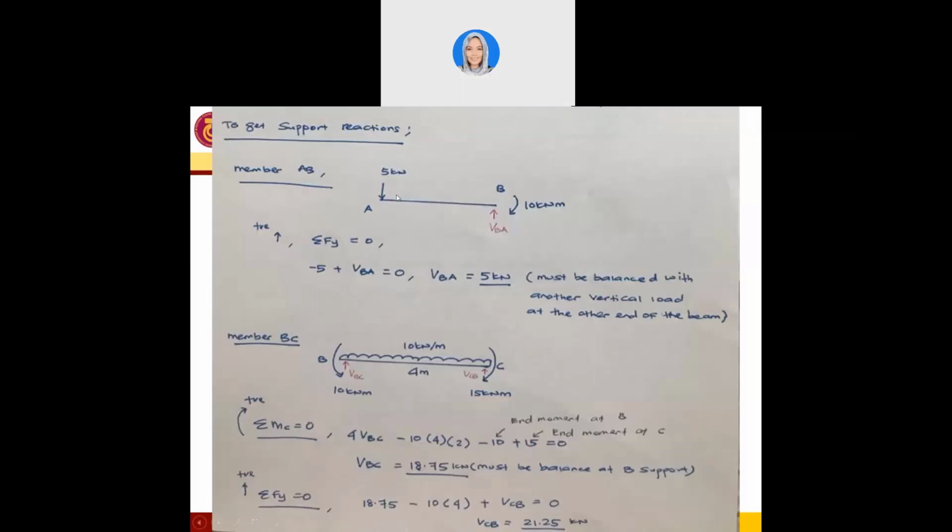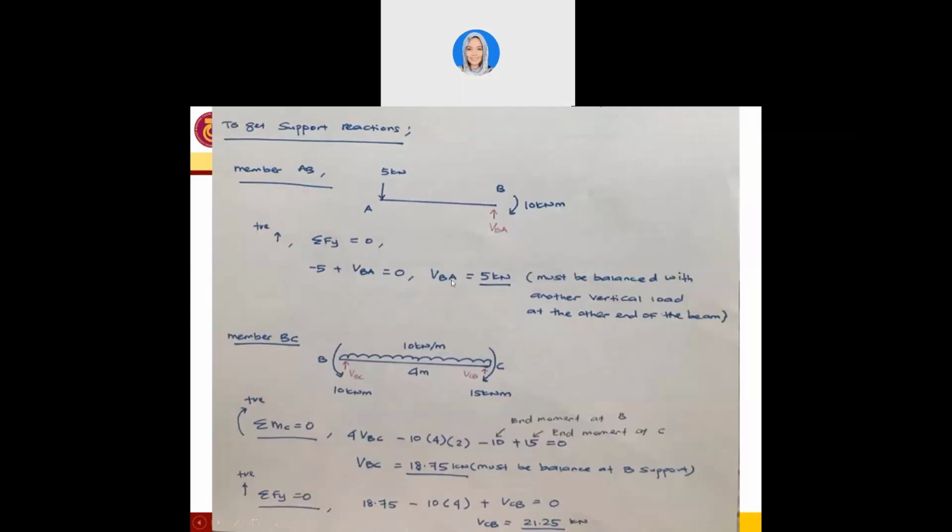Looking first at member AB, VBA is 5 kilonewton pointing upward, and for member BC we have the vertical reaction at B, VBC equal to 18.75, and VCB equal to 21.25.